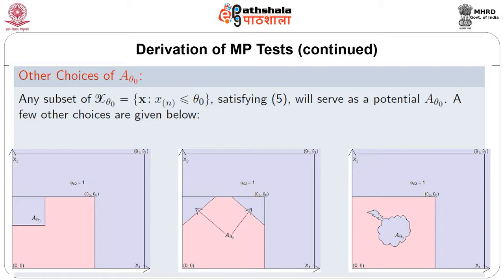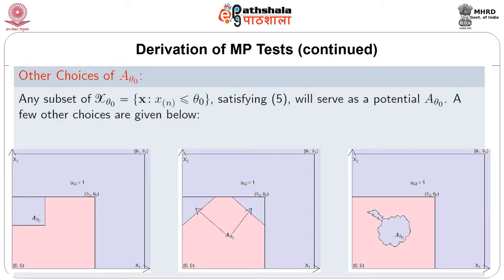So, for other choices of A theta naught, you can select any subset of script x theta naught. Say you can select like this. So, this is your A theta naught. This is possible.